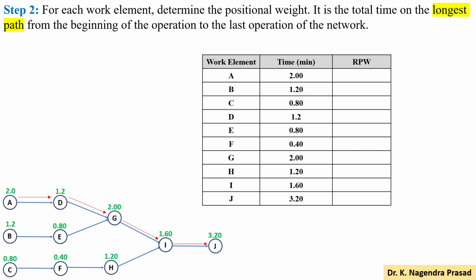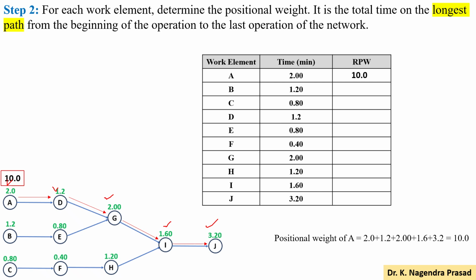Then positional weight is the time on this path. So positional weight of the work element A is 2 plus 1.2 plus 2 plus 1.6 plus 3.2. It is 10. So RPW value for the work element A is 10.